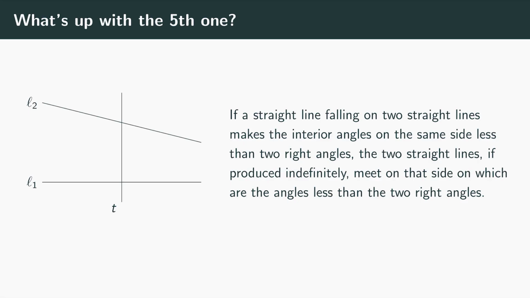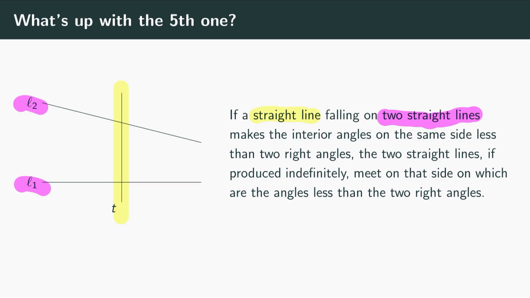We have two straight lines, L1 and L2, and we have the straight line that's falling on the two of them. That's this line I'm calling T.